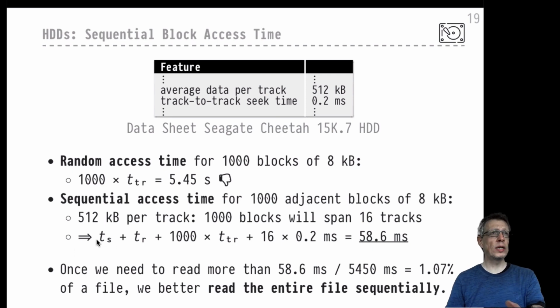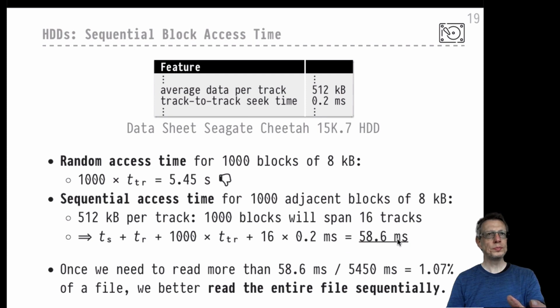We would have to wait for the seek to happen once. We would have one rotational delay. We would have 1000 transfer times because we want to read the bits of all of these 1000 8 kilobyte blocks. And then because all of these blocks don't fit on a single track but would have to be distributed across 16 tracks, there would be some track-to-track seek time that we have to invest here. But all of this only adds up to 58.6 milliseconds.